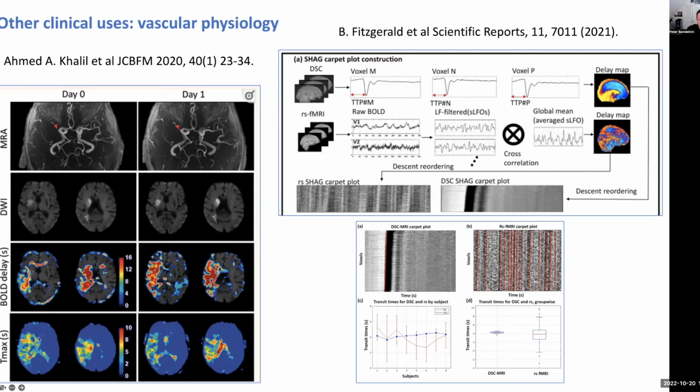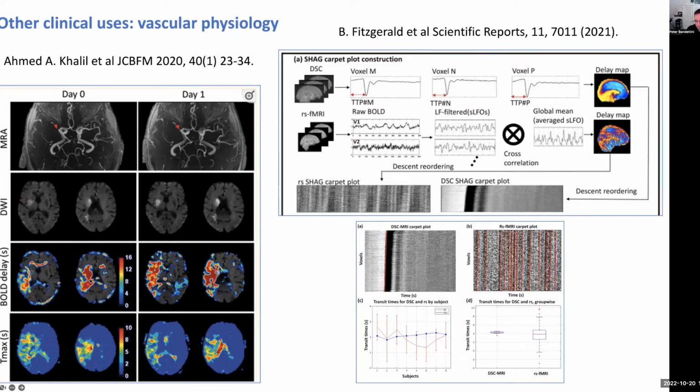It also shows up in a gadolinium study, where they inject gadolinium, the standard clinical use. But these BOLD delay maps show this beautifully as well. This is just as sensitive, doesn't involve gadolinium, and could be used immediately clinically, I believe.